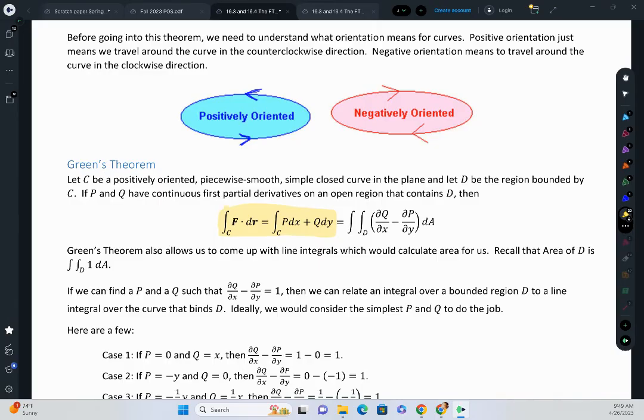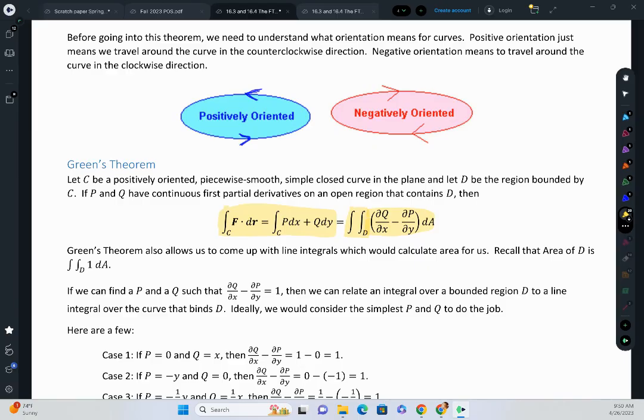And what Green's theorem says is that instead of calculating the line integral over C, we can calculate a double integral over the region D of ∂Q/∂x minus ∂P/∂y dA. So that is going to be like a volume, right? I'm not saying that it is a volume, I'm saying it's going to be like a volume because it's a double integral.